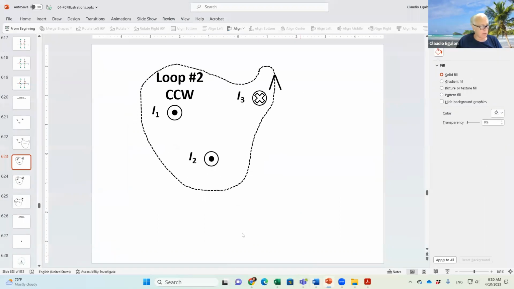Let's take a look at another example, loop number 3. What if I change the direction of the loop? Instead of a counterclockwise loop as in loop number 2, I come up with loop number 3 in a clockwise direction.